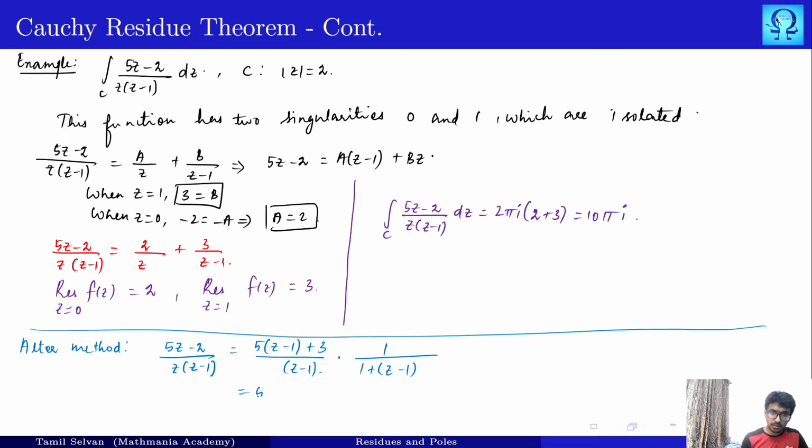So this is simply 5 plus 3 upon z minus 1, which is to be multiplied with 1 minus z minus 1 plus z minus 1 squared minus, etc. It goes this way. Here your region is 0 smaller than absolute of z minus 1 less than 1.